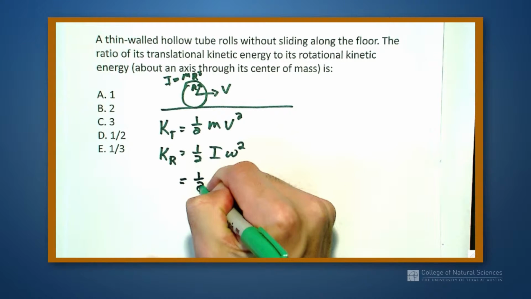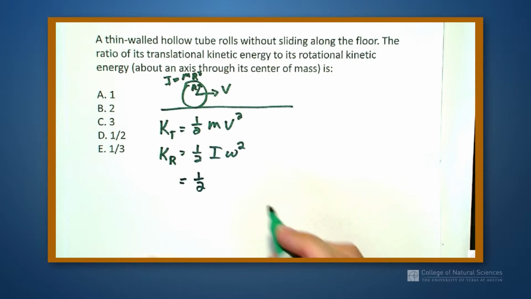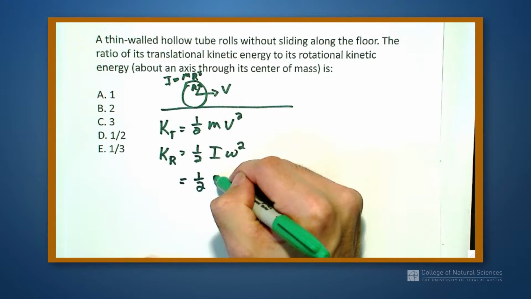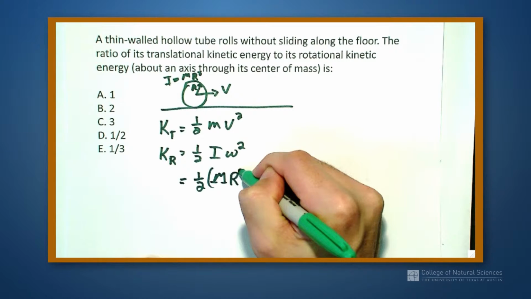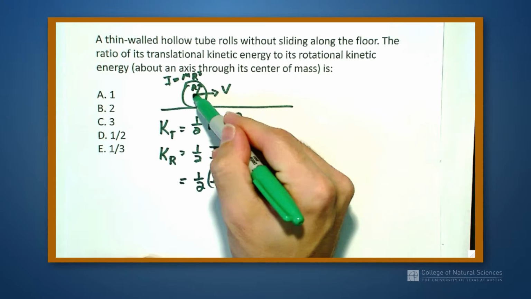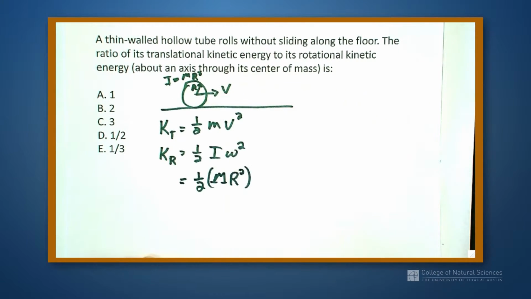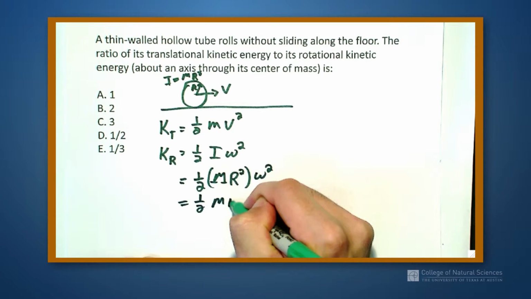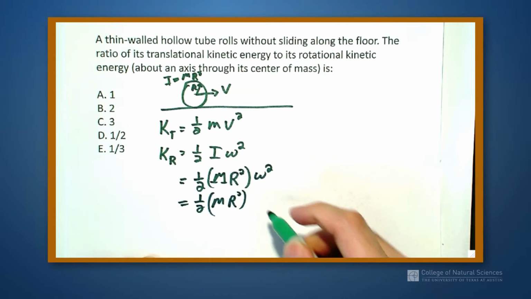So I know that the rotational kinetic energy is 1/2 times my rotational inertia. It's mr squared. I'm rotating this thing around the center of mass, and I need to know what omega is, right? I have omega squared, so 1/2 mr squared times omega squared.